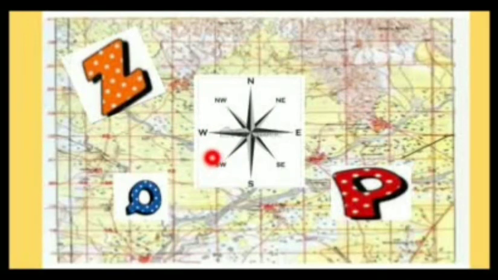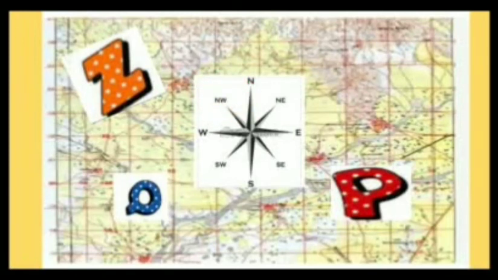Suppose your question just now is, what is the direction of Z from P? So you will place the direction at P now. This direction will come at P. Suppose the direction is here. With the help of a scale, you will just find out this is the direction. So what is the direction? It is northwest.